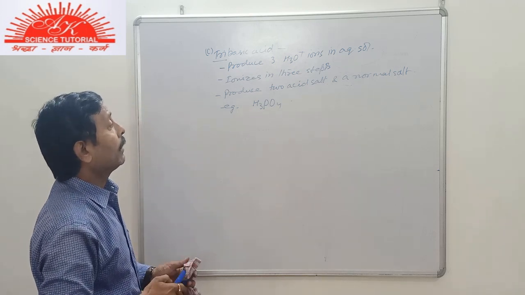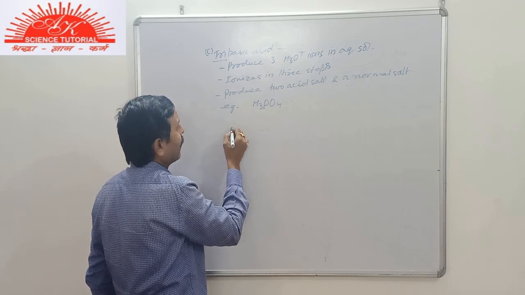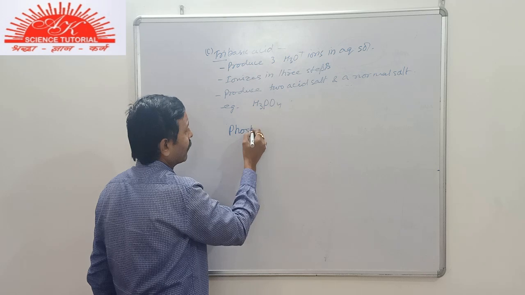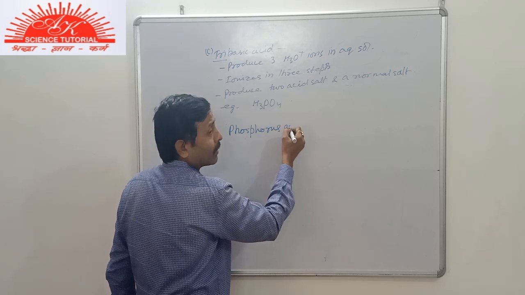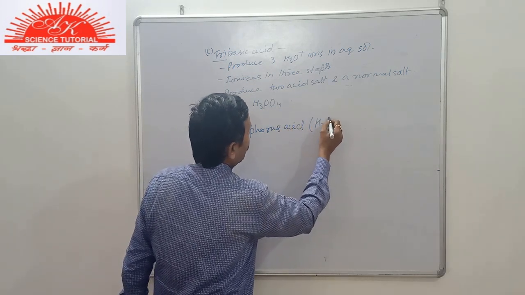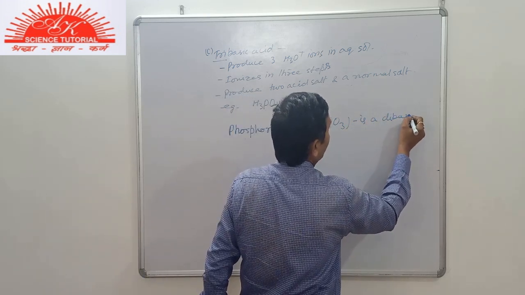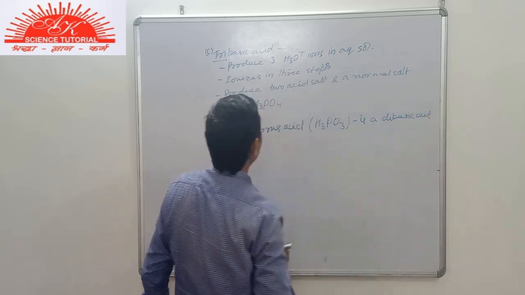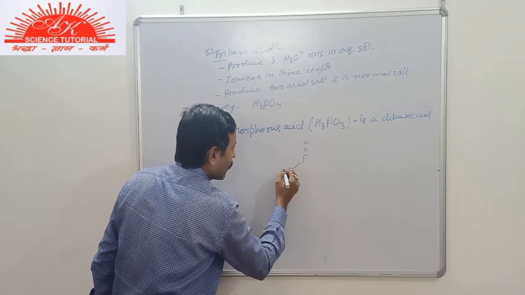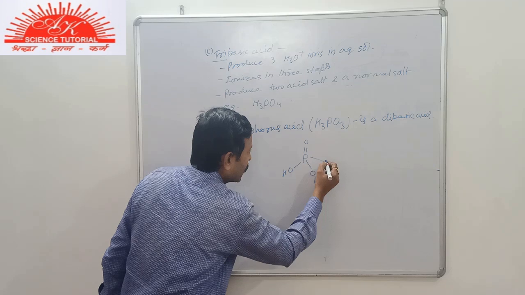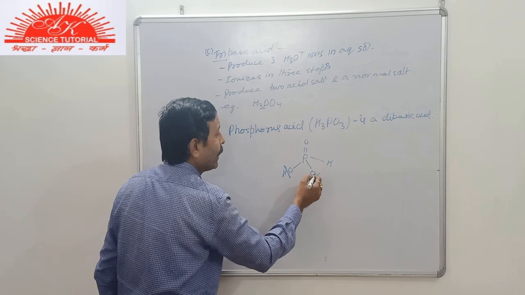Now this is a tribasic acid, but again here there is an exception. For example, phosphorus acid, H3PO3, is a dibasic acid, because in its structure only the hydrogen bonded with oxygen ionizes.